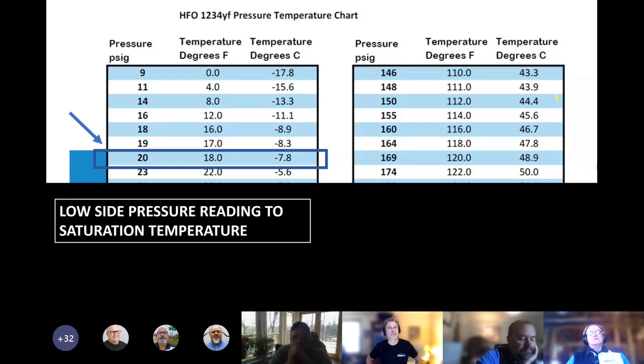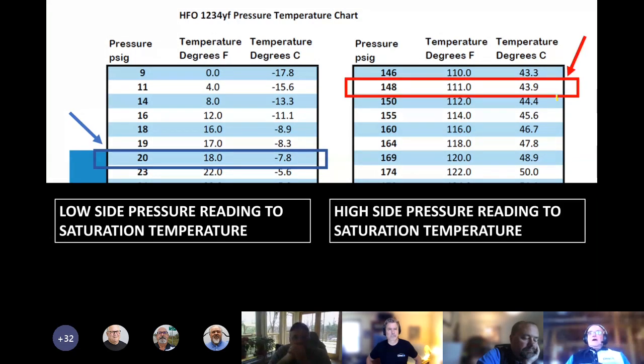So the saturation temperature for 20 pounds of pressure for a 1234YF system is 18 degrees Fahrenheit. Mostly we use Fahrenheit because the numbers are more closely related to each other, pressure and temperature. On the high side, if we had a pressure of 148 PSI, that would equal 110 degrees saturation temperature.